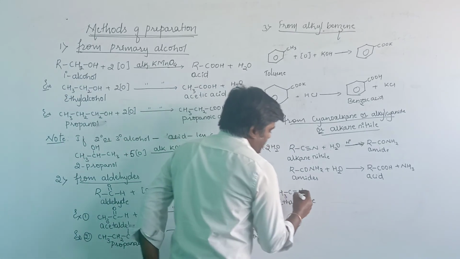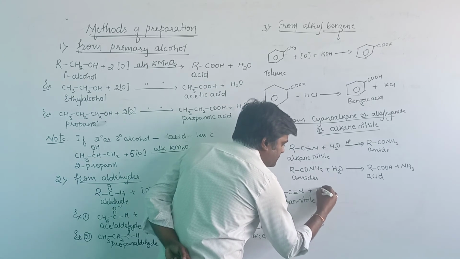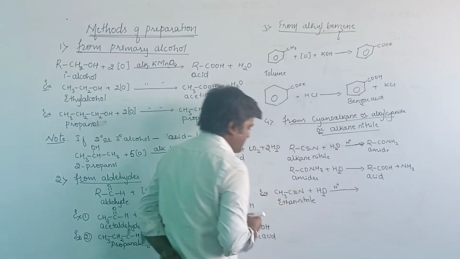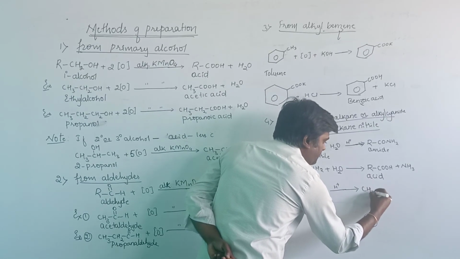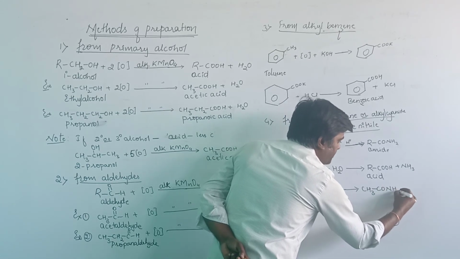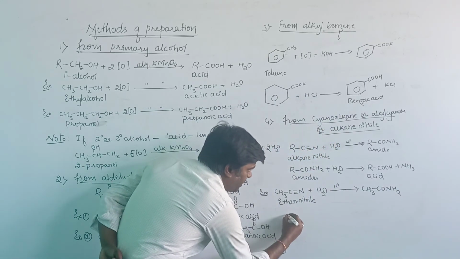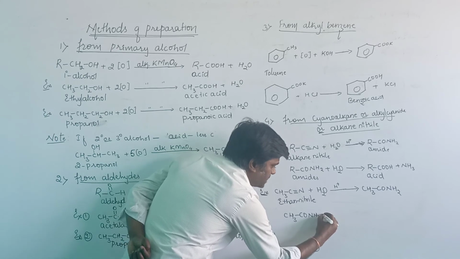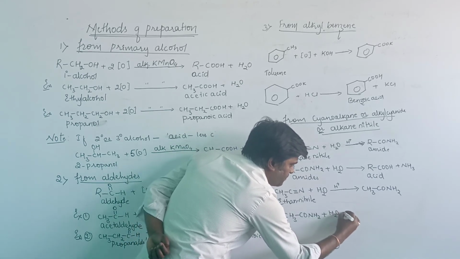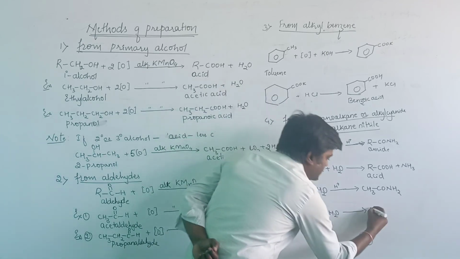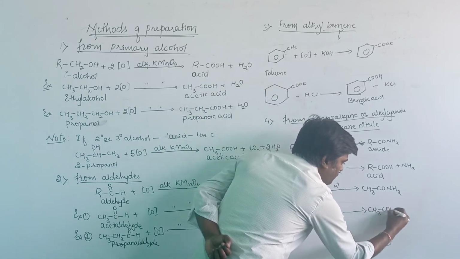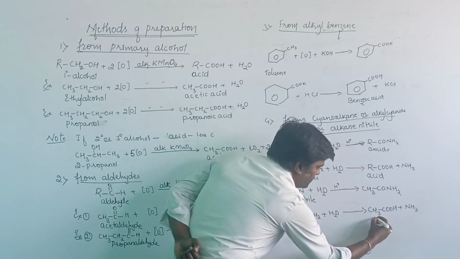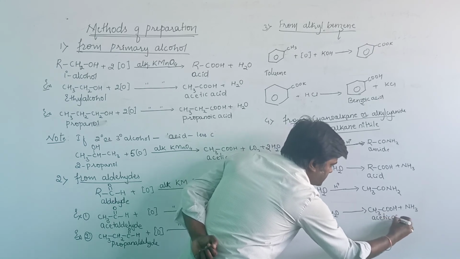When this methyl cyanide undergoes acid hydrolysis, it gives the amide, acetamide, CH3CONH2. When the acetamide undergoes further hydrolysis, it will give acetic acid, CH3COOH plus NH3. Acetic acid will be formed here.